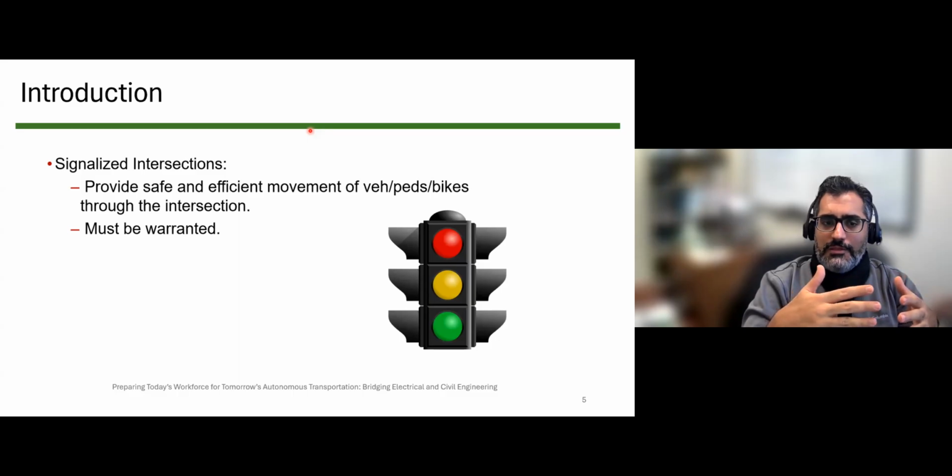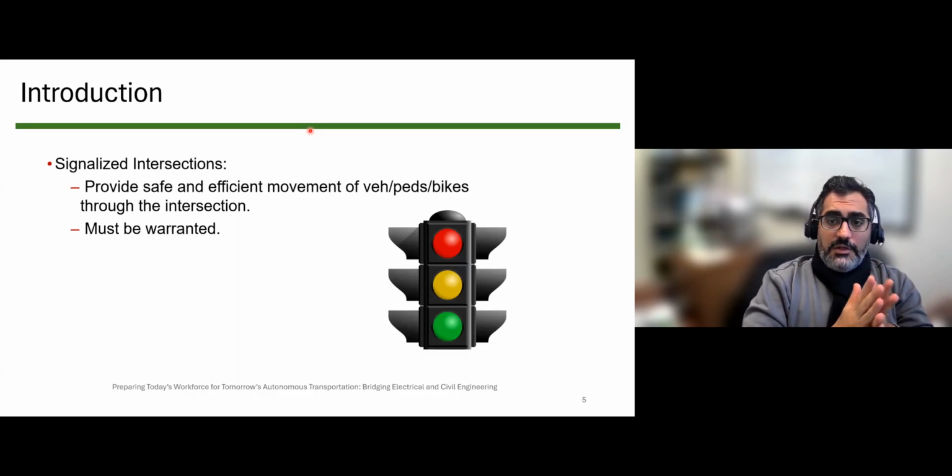It would be a deadlock at that intersection. People won't be able to negotiate right of way. So we will make the movement efficient by periodically providing cycles of right of way. And we also make it safe by avoiding the possibility of certain types of crashes at intersections.